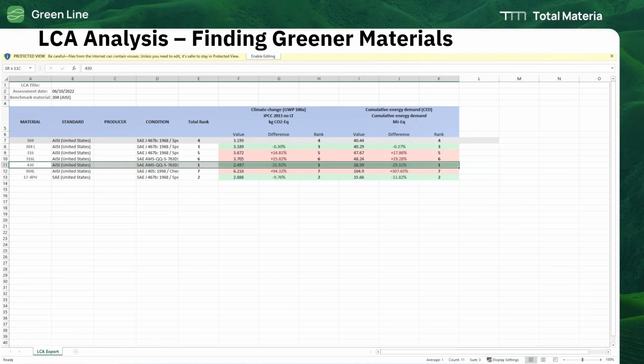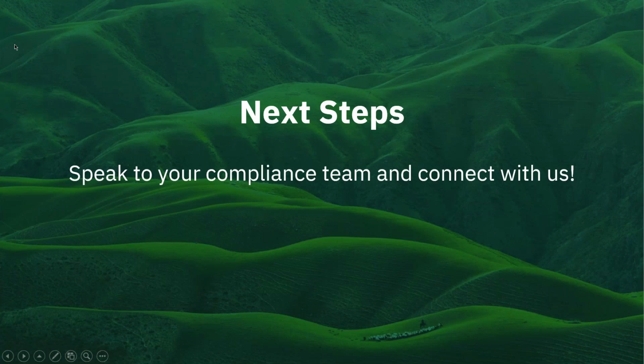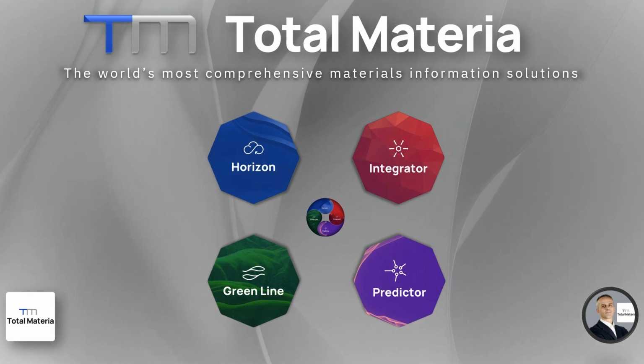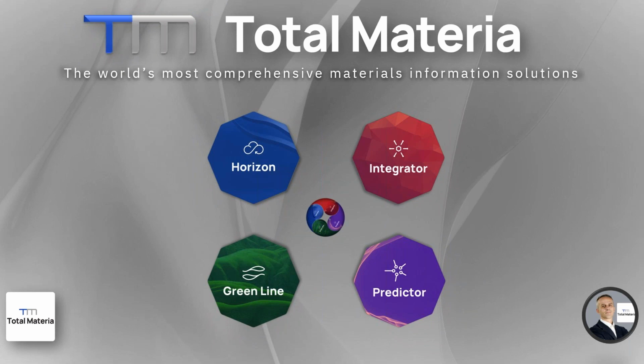This is very, very, very important, and it becomes more and more important according to global warming and saving the natural resources. You can try Green Line. Just speak to your compliance team and related departments of your company to ask us to show how Green Line can help you, to ask how you may try for free to see your carbon footprint and to see how easy it actually is to decrease the carbon footprint of your company.